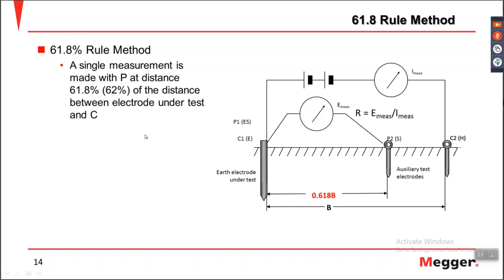It is one of the methods to measure the ground resistance with a fixed value, 62% from the electrode, because in most cases they can confirm there is no more interference between the electrode under test and the current probe when they put the potential probe at 62%.